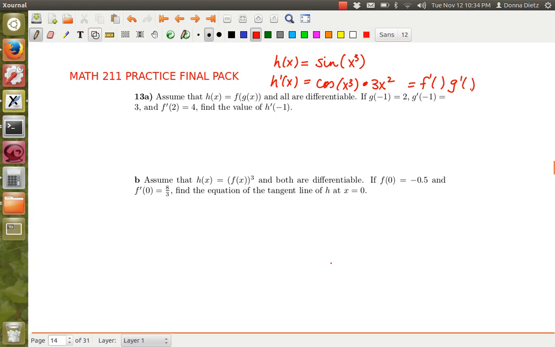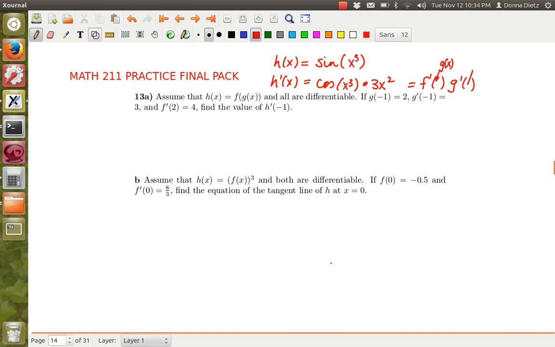Because the outside function's derivative is being calculated at where this is, that's the inside function. And then inside here goes g of x, you see. So because g of x still has to be calculated, and then the derivative function has to be calculated.